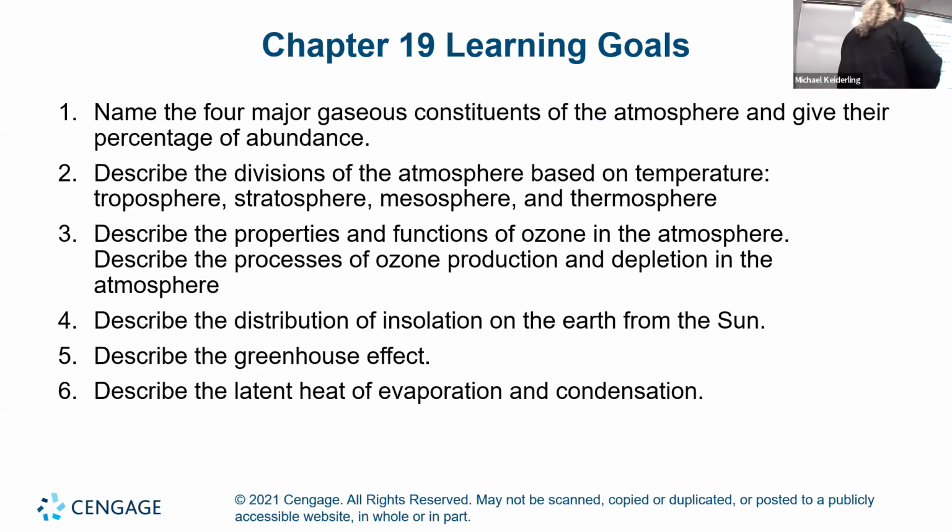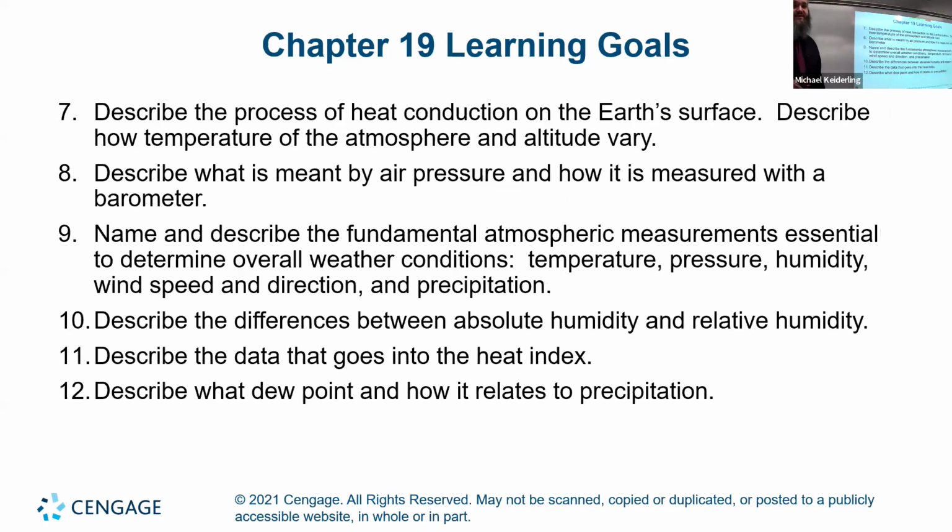The format will go over the constituents of the atmosphere, the divisions of the atmosphere, properties and functions of ozone in the atmosphere, the distribution of insolation on the Earth from the sun, the greenhouse effect, the latent heat of evaporation and condensation, heat conduction on Earth's surface, air pressure, how it's measured, the fundamental atmospheric measurements, the differences between absolute humidity and relative humidity, the data that goes into the heat index, and the dew point and how it relates to precipitation.